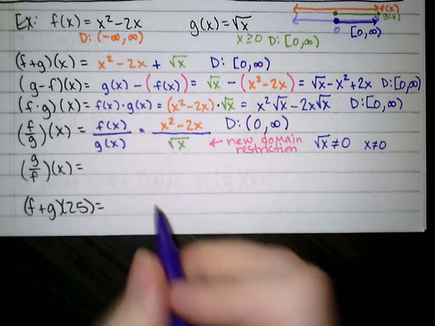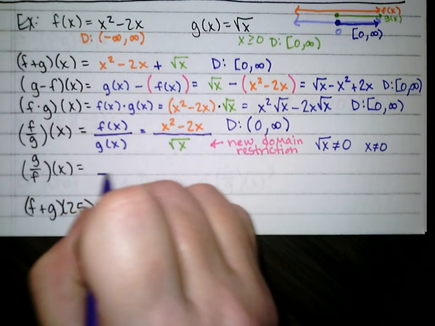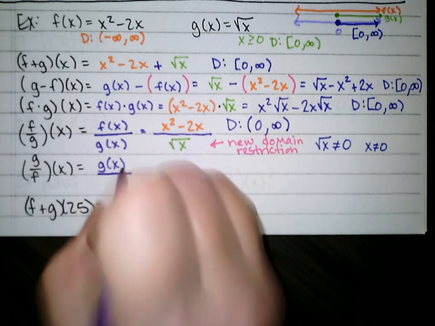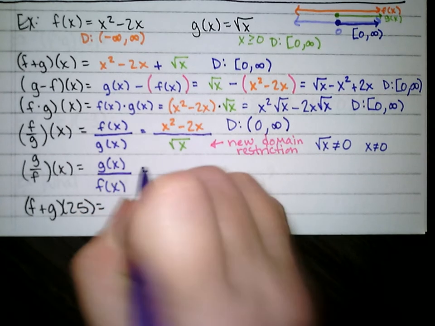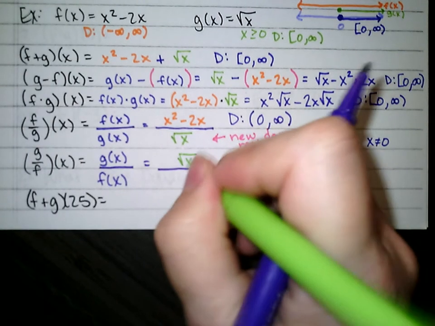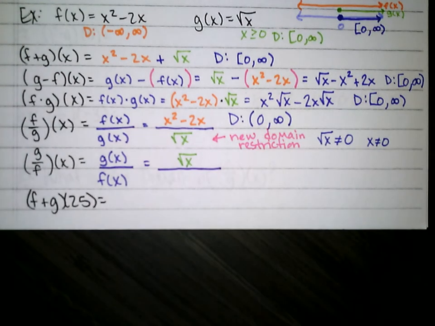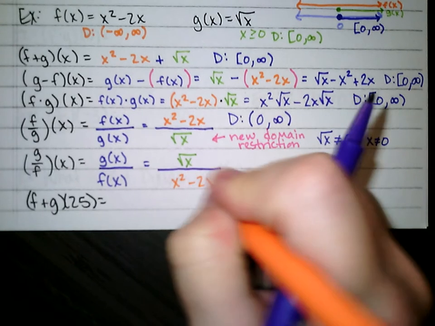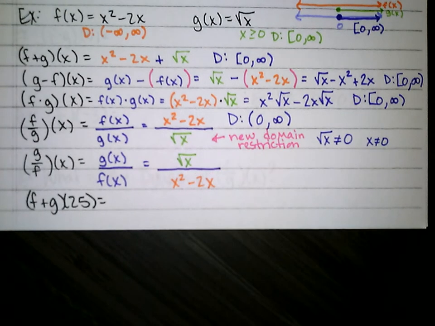Now let's look at g over f of x, which will be g of x over f of x. So we're basically just flipping this upside down. So we have square root of x over x squared minus 2x. Okay. And again, there is a new domain restriction.